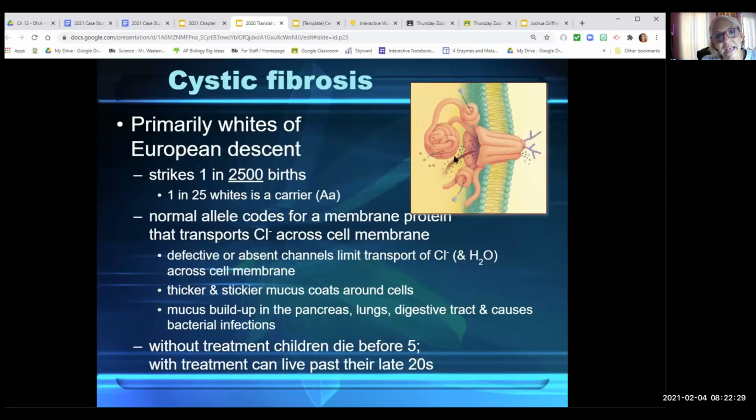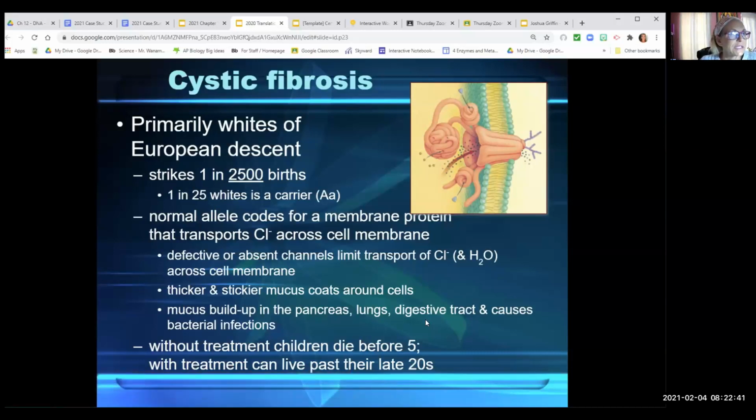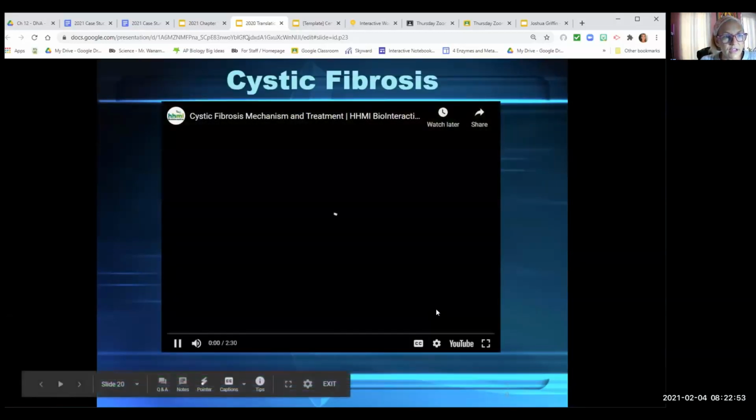So water cannot leave either, and that creates a thick, sticky coat on the outside of the cells. So you have a mucus buildup in the pancreas, the lungs, the digestive tract, all increasing your chance of bacterial infections. So people with cystic fibrosis have a shorter lifespan. They can live longer if they have treatment.